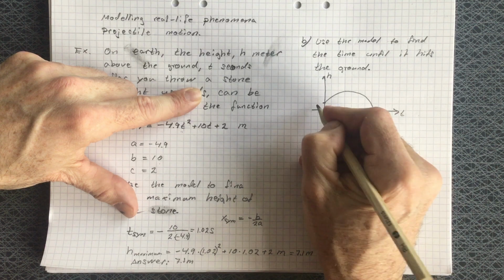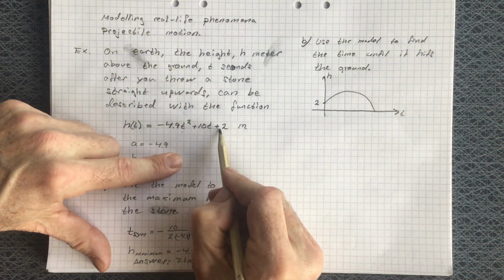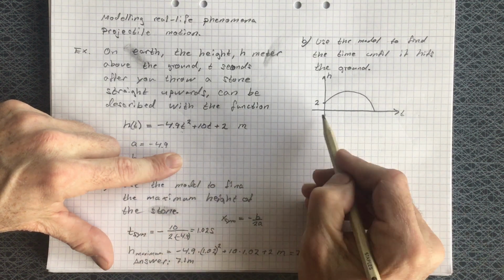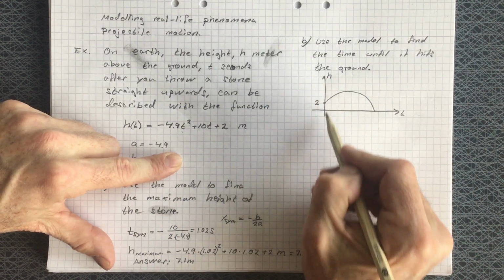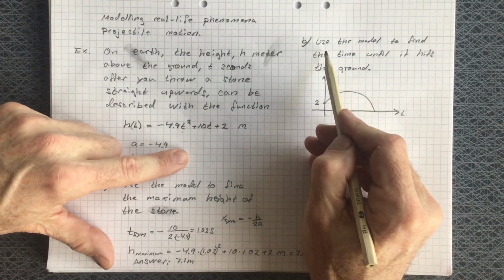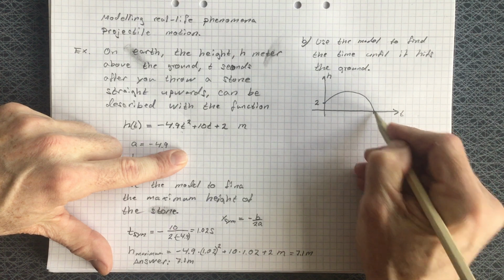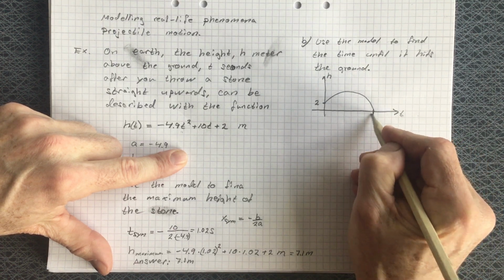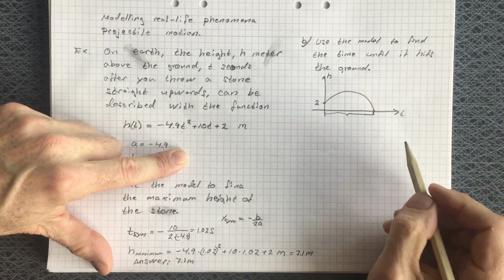The value is 2 here. It's the constant. It's the intercept with the y-axis, but now it's the height axis. The time until it hits the ground, that is the time that you find here. This is the time when the stone is in the air.